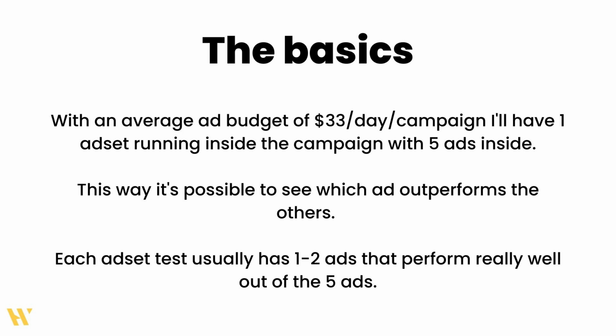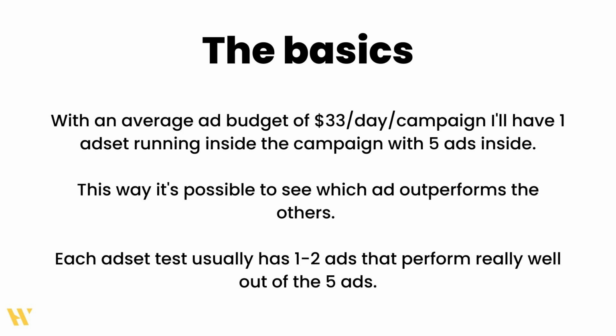You can also scale it with higher budgets. If you have a $50 daily budget, you should have at least 10 ads inside. Because if you are running $50 per day, that means you have at least 4 ads active at the same time, and you are going to run through them so quickly that 5 ads is not going to be enough.